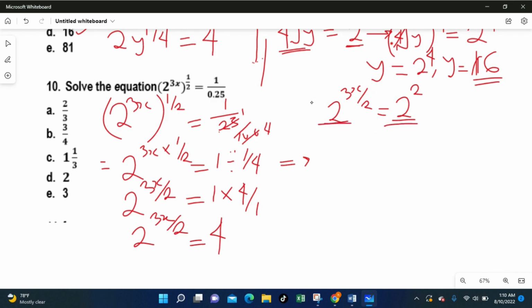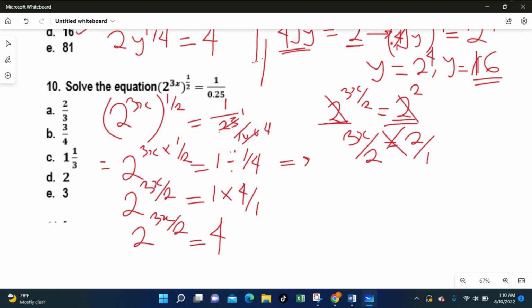In any equation, when you have a common base, you can clear the common base. So the power 3x over 2 is equal to 2 over 1. The next thing we need to do is cross multiply.